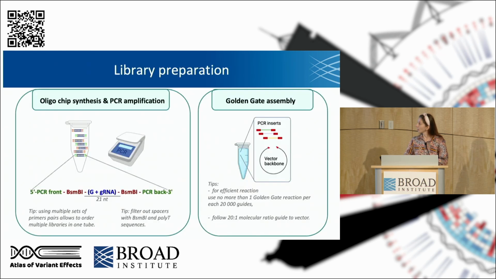After you have decided which of the guide RNAs would be included in your final library composition, it is time to go to the lab and actually do the pipetting to prepare a library. We typically order our libraries as oligo chip synthesis, and the composition of the oligo would contain the guide RNA sequence itself with the prepending G nucleotide.